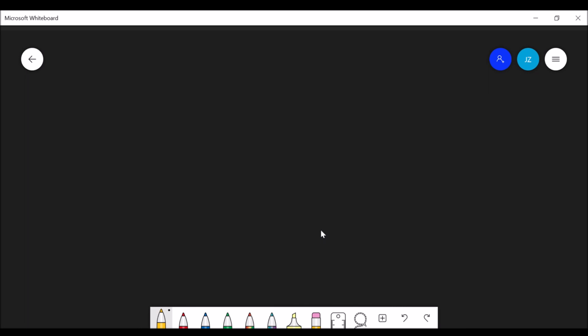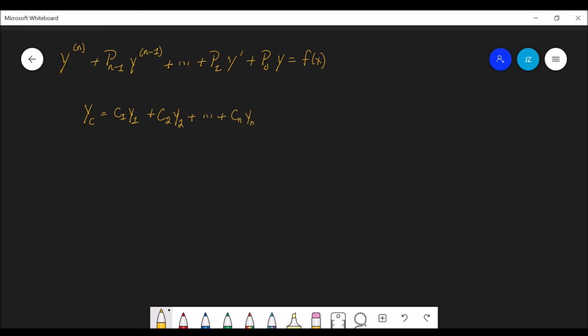We can generalize the previous discussion to an nth order linear equation. In this case, our complementary function will have the form c1y1 plus c2y2 plus and so on plus cn yn, so we'll have n solutions.